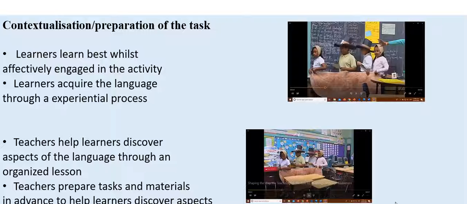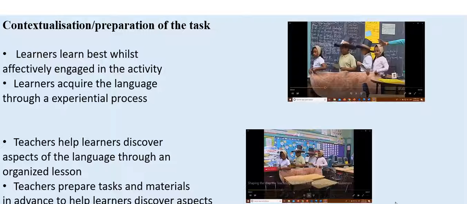Teachers prepare tasks and materials in advance to help learners discover aspects of language. What materials? Well, all the hats, the boat, the scripts. Yes, you have to prepare all that. And I will insist on this. This is an organized lesson, and this is something that you have to do.